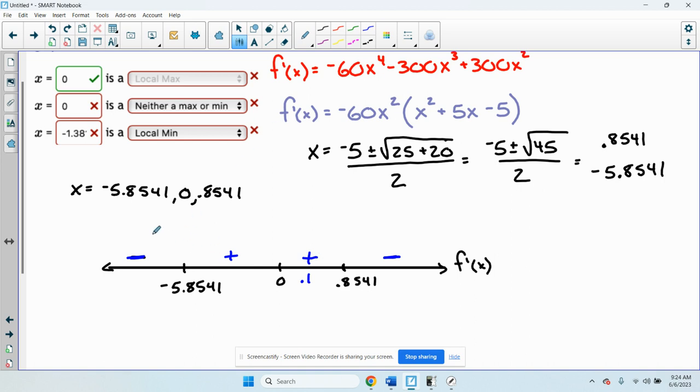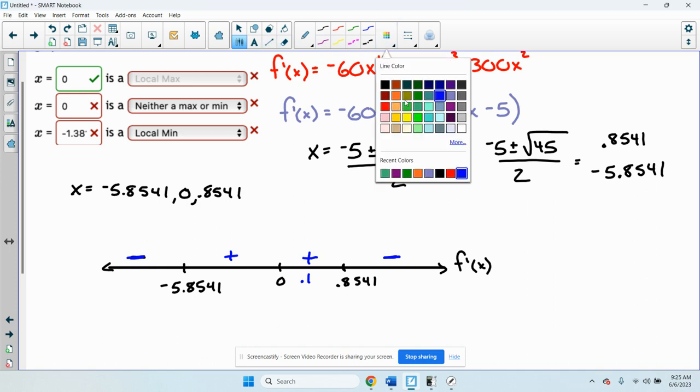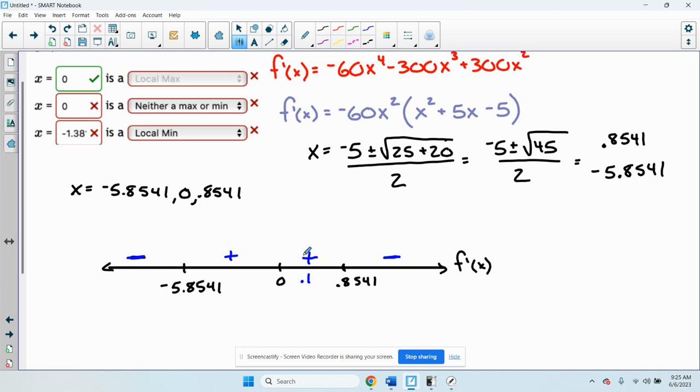Okay. So now let's look at what's happening at each of these points. Because we've determined that the derivative is 0 at these three numbers, we can assume that a couple of things could be happening. They could be going from increasing to decreasing, in which case we have a local max.